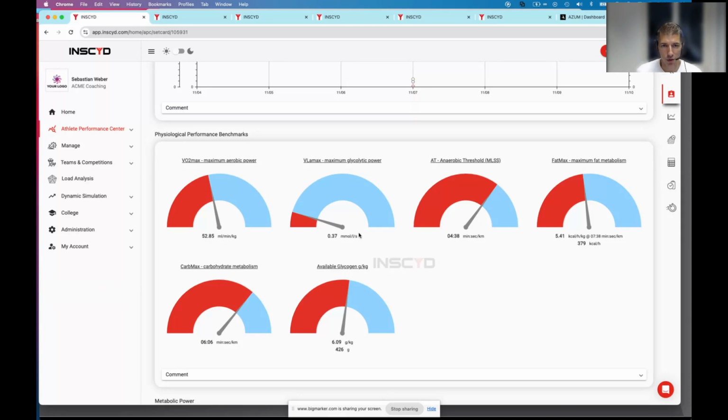And fast twitch fibers react pretty well in terms of aerobic adaptation: more mitochondria, more oxygen uptake. Fast twitch fibers react pretty well to intense training above threshold. Slow twitch fibers, in contrast, don't benefit a great deal from intervals at a high intensity.